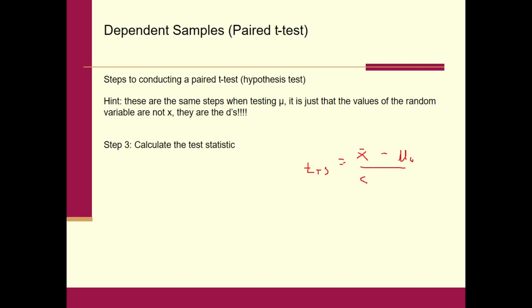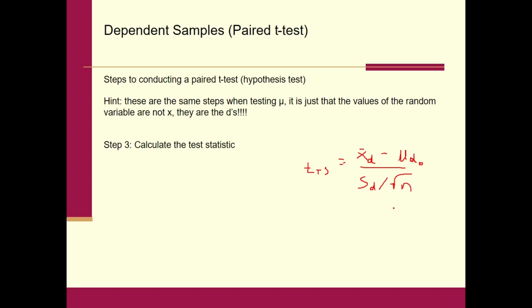And then we have s divided by the square root of n. Sound familiar? But x isn't our random variable. What is our random variable? The d's. And so instead of x bar, we have x bar sub d. Instead of mu sub 0, we have mu sub d, but that's still coming from the null hypothesis. And then we have the standard deviation of the d's. And n is n.